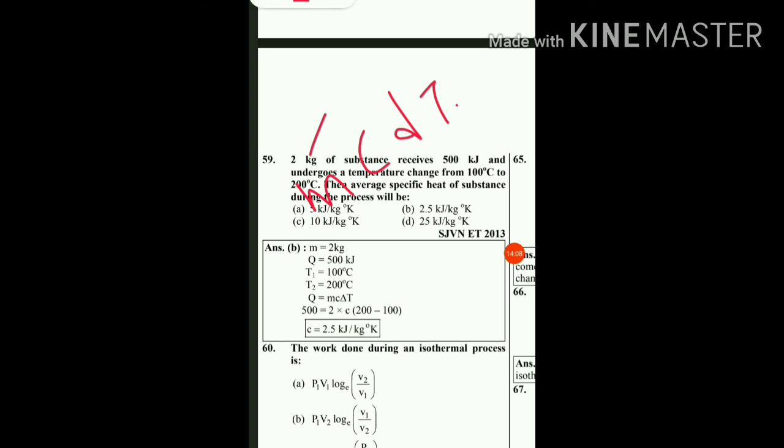Here mass is given, 2 kg, Q is equal to 500 kilojoule, and the temperature change is 100 to 200. So we just put the values of Q, 500 kilojoule, mass equal to 2 kg, and dt equal to 100 degrees Celsius. Then we get C, the average specific heat, and it comes out to be 2.5 kilojoule per kg Kelvin. Its unit is kilojoule per kg Kelvin.